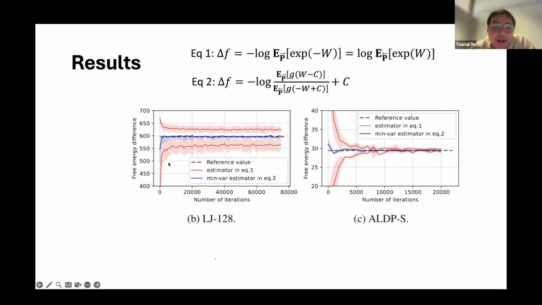As you can see, even when we train for a very small number of iterations, this minimum variance estimator can already be pretty accurate compared to the regular log-mean-exp Jarzynski equality estimator. Similarly for the alanine dipeptide solvation, you can see the minimum variance estimator converges much earlier than the regular estimator.